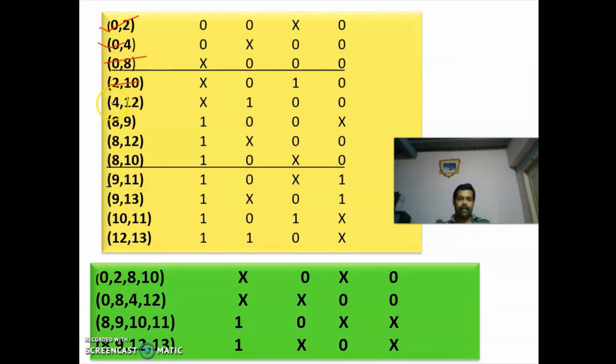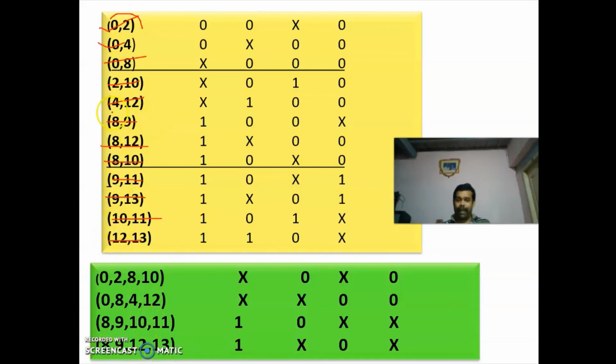So 4, 12 also you are having. 8, 9 you are having. 8, 12 you are having. 8, 10 also you are having. 9, 11 you are having. 9, 13 also you are having. 10, 11 you are having. 12, 13 you are having. So the prime implicants present here, it is also present in these sets. Okay, so no problem, we will go for the next step.